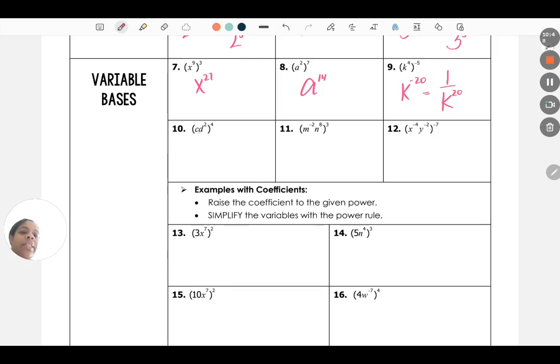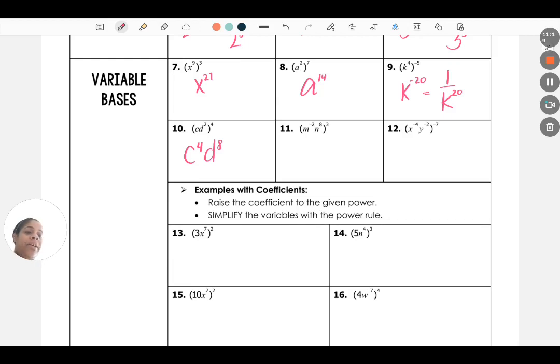Okay, so C in this case is raised to the power of 1, and 1 times 4 would be 4, so C would be 4, and D is raised to the power of 2, and 2 times 4 is 8. Because C, even though we don't see it, because we don't need to put it often, it's a 1, right? So C is raised to the power of 1, and 1 times 4 is 4. That's how I got C to the 4th, D to the 8th.